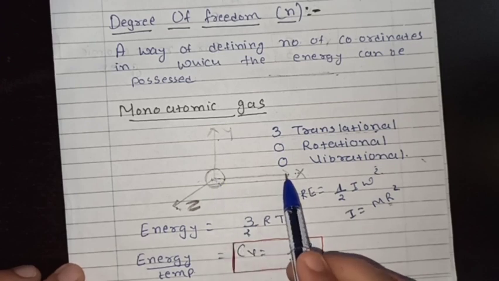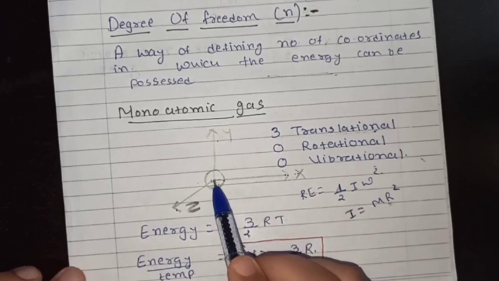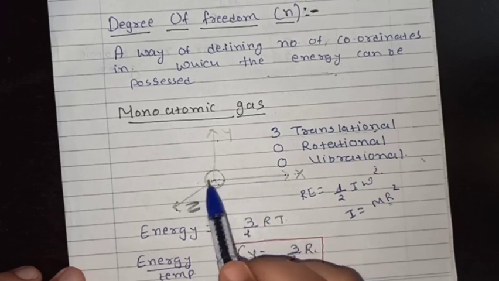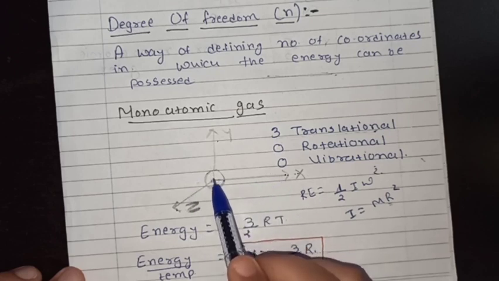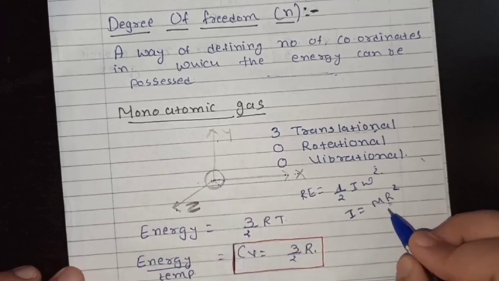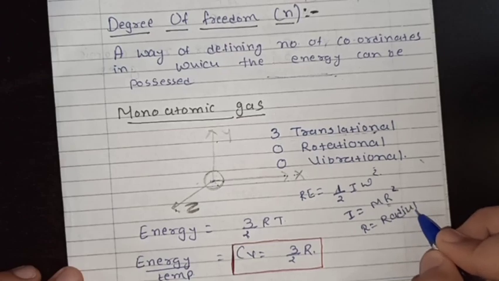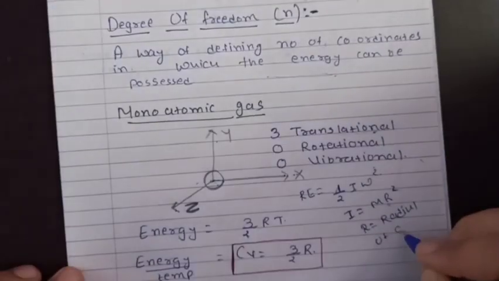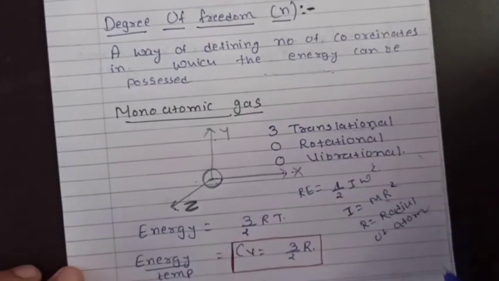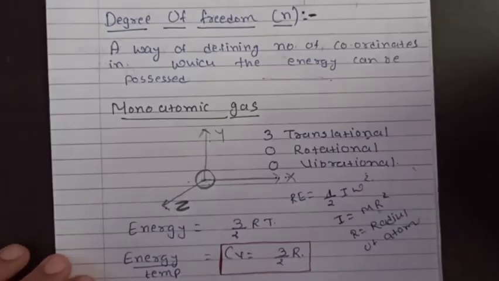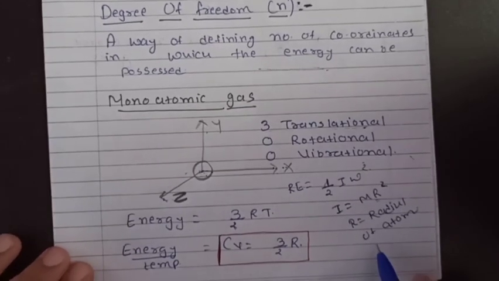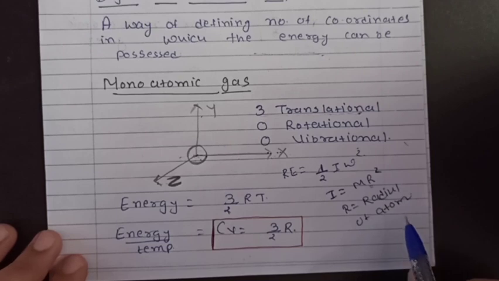If x is the axis of rotation and it is rotating about the central line, then r will be equal to the radius of an atom. We know that the radius of any atom is very less.